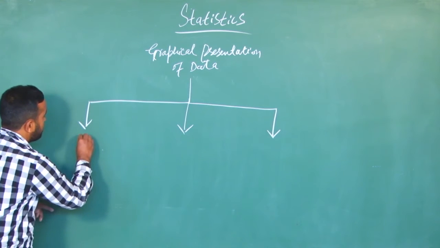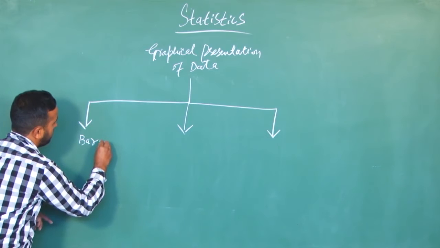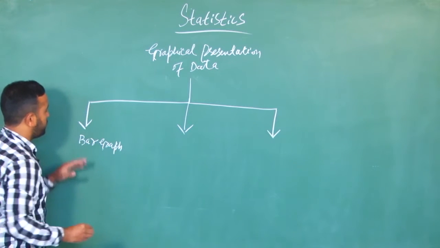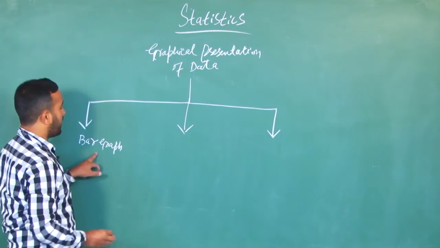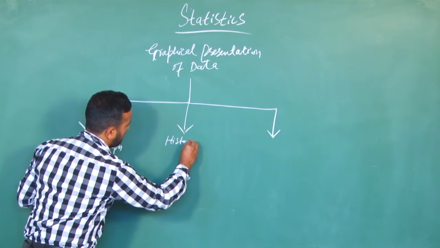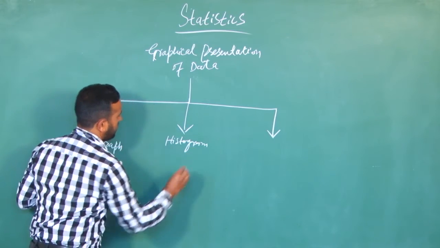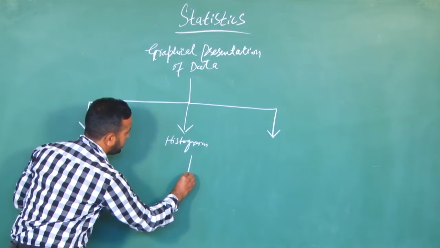One is the bar graph. Keep this structure in mind so that it will be easy for you to understand graphical presentation. Bar graph, then we have the histogram. In the histogram, we have further two types.